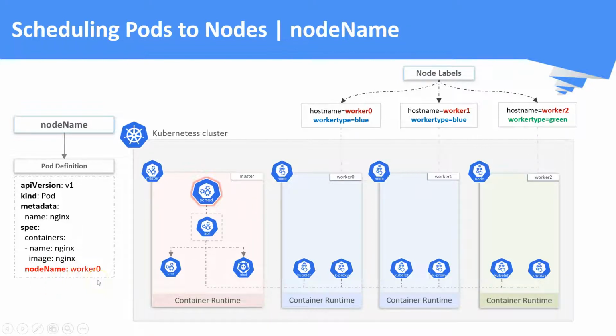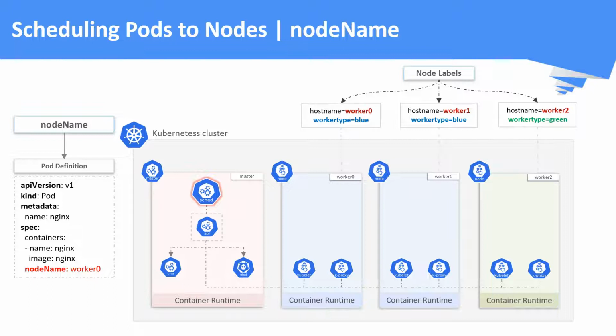This host name label is a predefined label by Kubernetes in all the nodes. In this case, I have given the node name as worker0, which means the pod scheduling will happen only in worker node number 0.